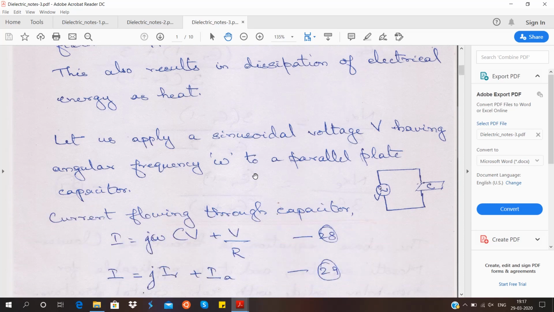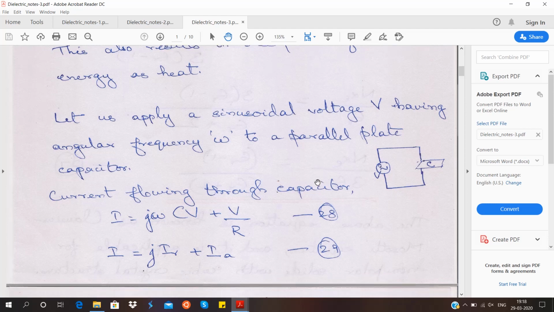What I am going to do is consider a capacitor with a dielectric in between and apply an AC signal across it. Since it is an AC signal, it has a particular amplitude and a frequency. If the angular frequency is omega and the applied sinusoidal voltage amplitude is V, then the total current flowing through this capacitor I can write as two terms.